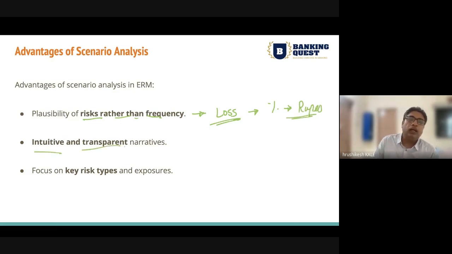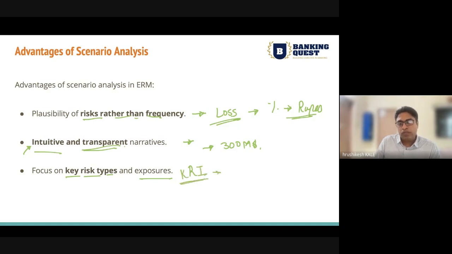It tells us clearly that if the pessimistic scenario comes, then we will make a loss of, let's say, $300 million, so even a person who is not a technical expert can understand these terms. Third, focus on key risk types and their exposure, basically the key risk indicators that we are talking about.